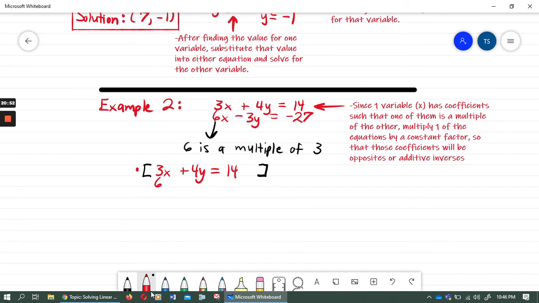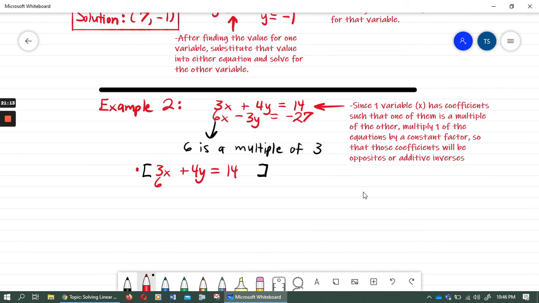In order for that first coefficient to be an opposite or additive inverse for 6, it would have to be the same number with the opposite sign, right? So what would we multiply 3 by in order to make that become -6?